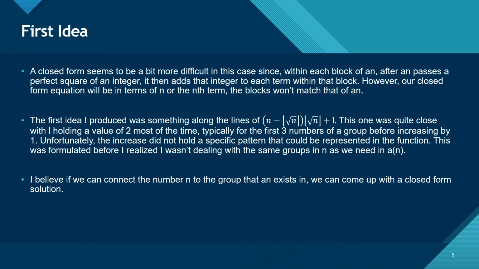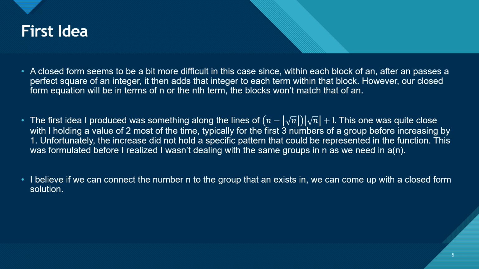But that's in terms of a of n, while our closed form equation will be in terms of n, the nth term. So we have to convert it from in terms of a of n to in terms of n, and we'd have to go from there. So it's seeming quite difficult.